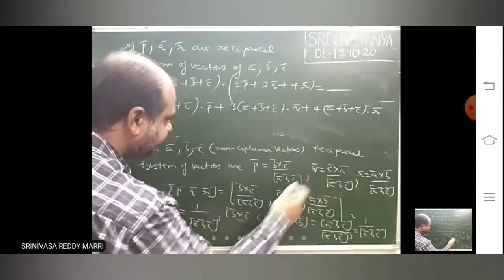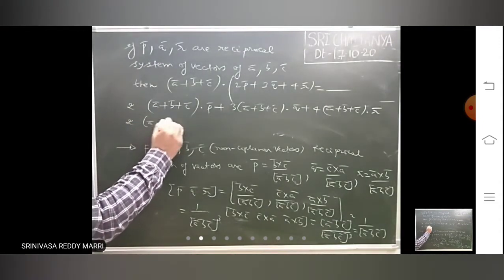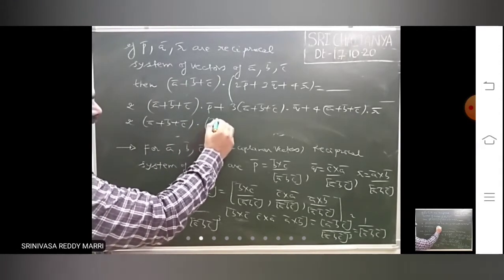Now P bar, Q bar, R bar are these. So 2 into dot, what is this?